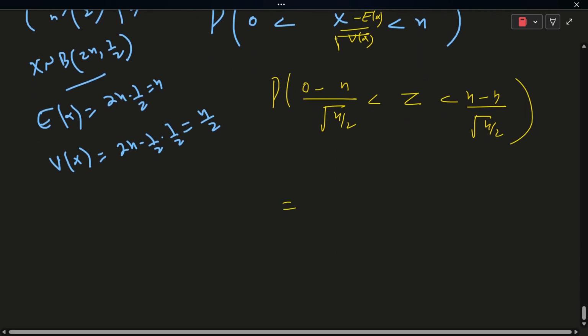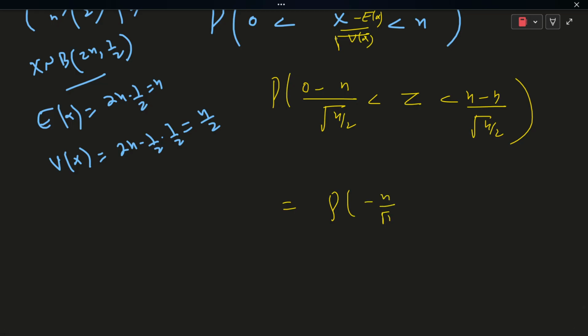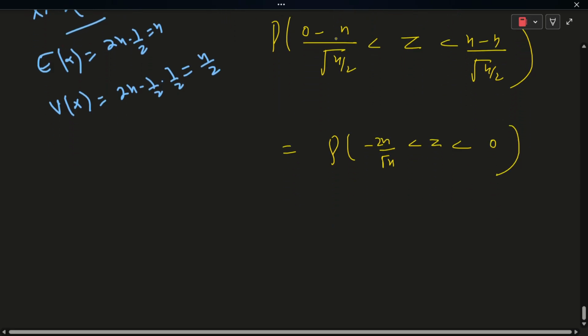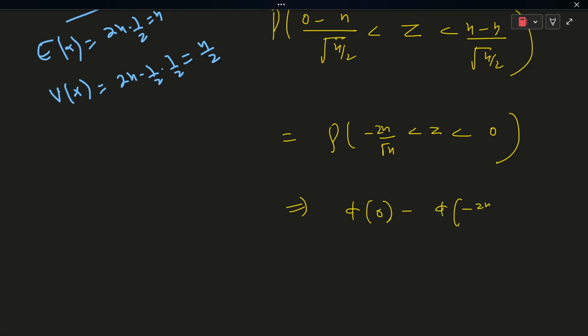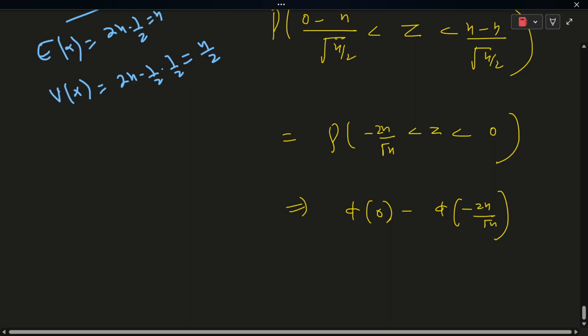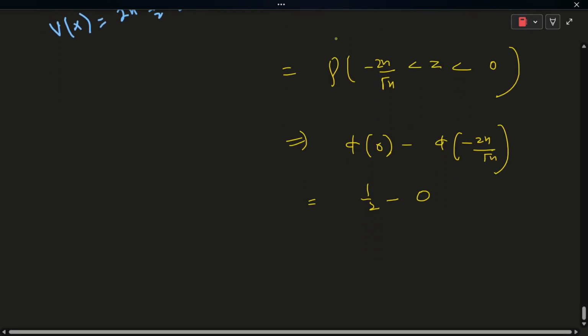So this is equal to probability minus n by under root n by 2, this is minus 2n divided by under root n, this is z. This is n minus n, that is 0. So ये होगा बराबर phi of 0 minus phi of minus 2n upon under root n. So this is phi of 0, कितना होता है 1/2, minus phi of minus infinity, that is 0. So the answer is 1/2.